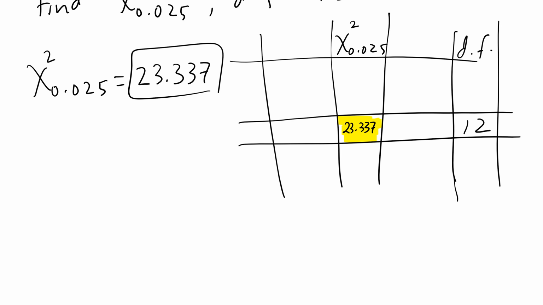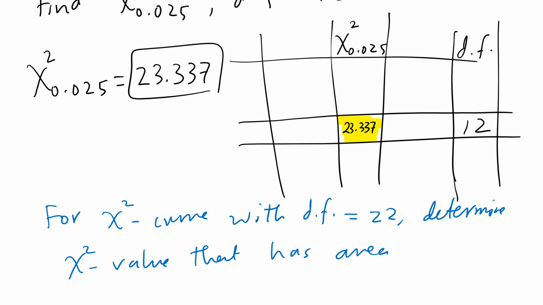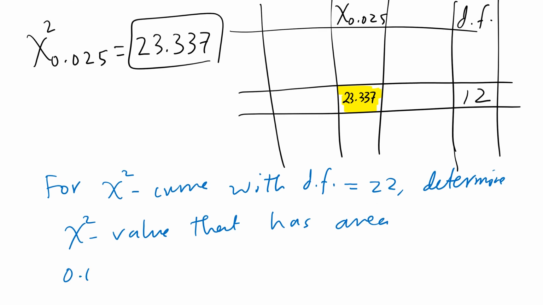We can look at another example. Let's say for the chi-square curve with degrees of freedom 22, we need to determine the chi-square value that has area 0.01 to its right.